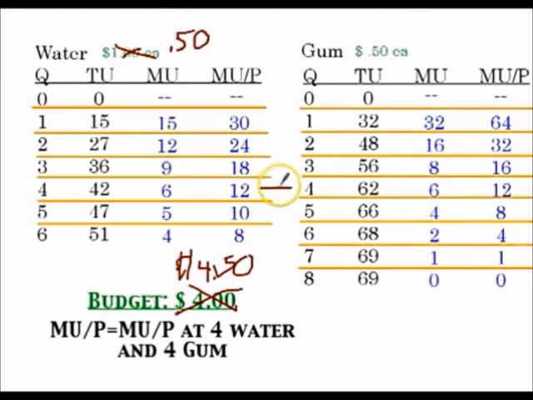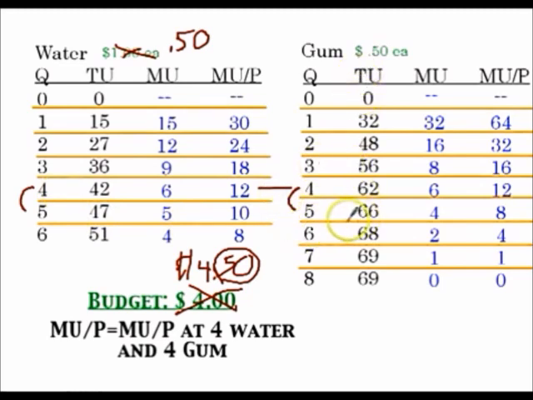However, by doing that, I've only spent $4. I've got an extra 50 cents sitting here. It doesn't come out nice and neat. Well, what do I do? Do I buy 1 more water, or do I buy 1 more gum? Well, the question is, which one of those, the 5th water or the 5th gum, will yield a higher total utility?